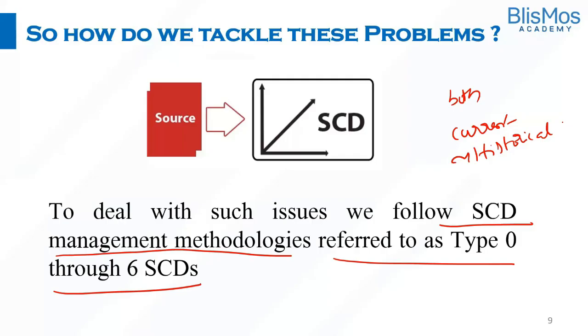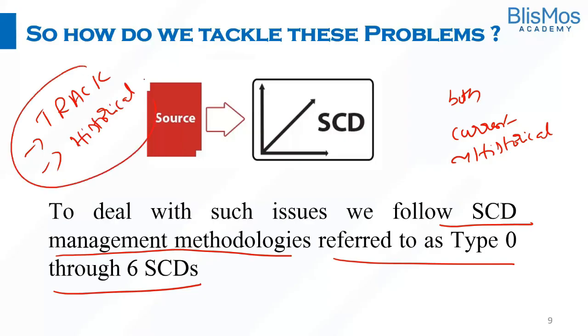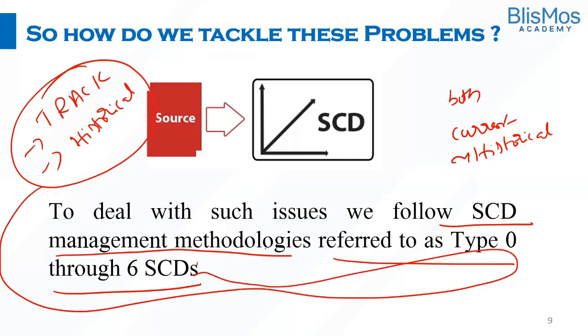It is one of the critical ETL tasks in tracking the history of the dimension record. SCD helps us track the changes in dimension values, and it also helps us report the historical data at any point of time. So this tracking and maintaining of historical data will be dealt with through type 0 to type 6 SCDs.